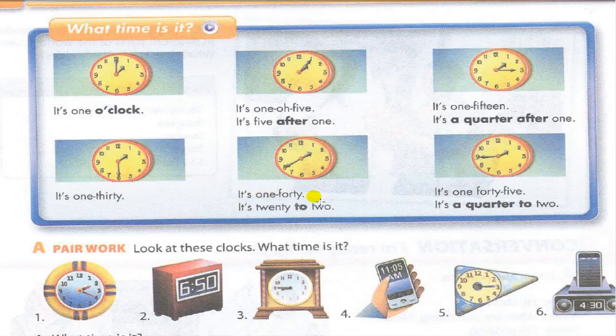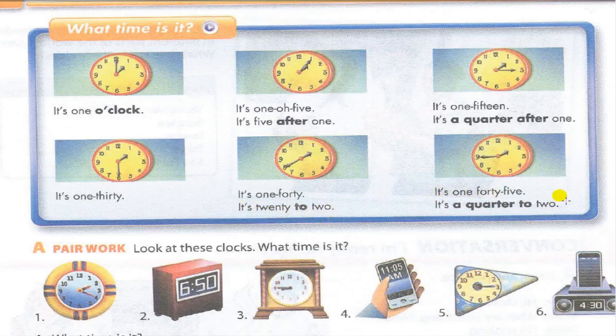It's 1:40. What time is it? It's 1:40. Or I can say it's 20 to 2. It's 20 minutes minus 2 o'clock. It's 20 to 2.